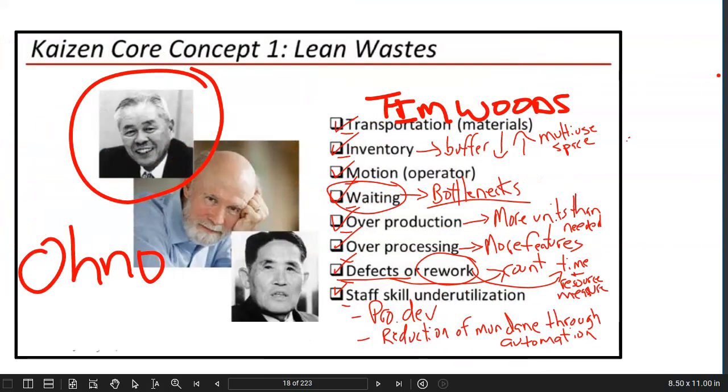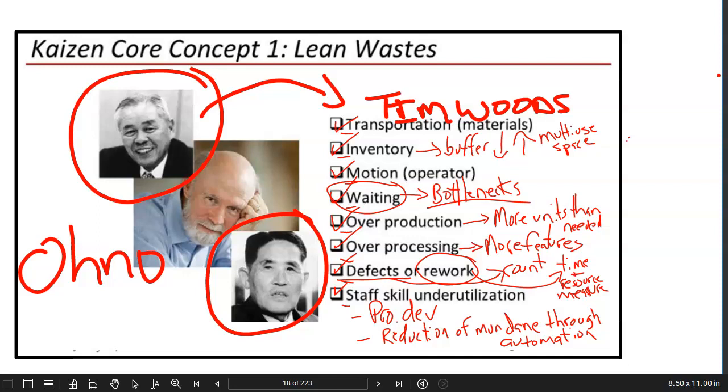But who are the other 2 thought leaders in the photo? We've talked about Ono and his involvement in the creation of TIMWOODS and the 8 category wastes. The other fellow in black and white is a colleague of his from Toyota. His name is Shigeo Shingo. Shingo is responsible for the rapid process improvement project management approach we call a Kaizen event.